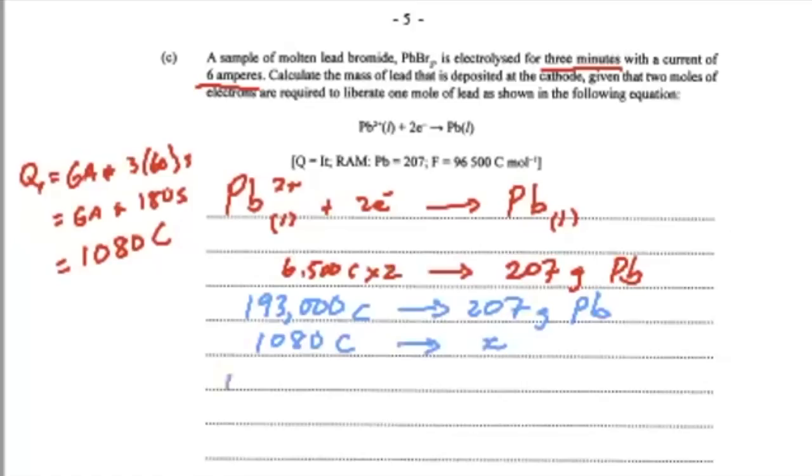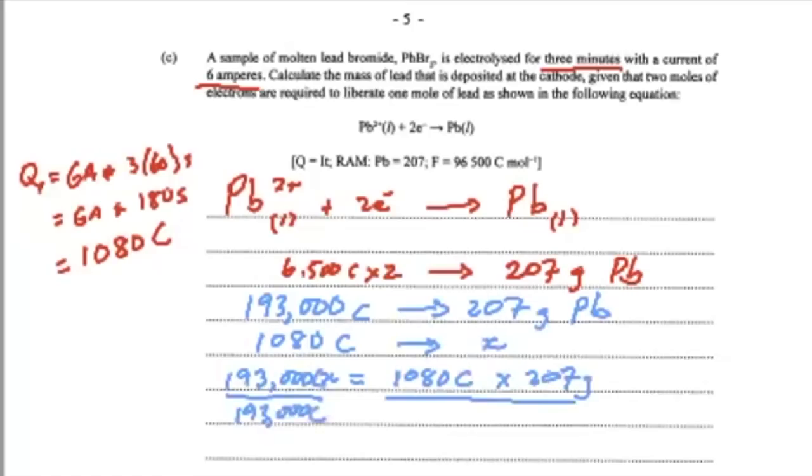When we do that, we'll end up with 193,000 X is equal to 1,080 coulombs times 207 grams. Divide both sides by 193,000 coulombs to make X the subject.